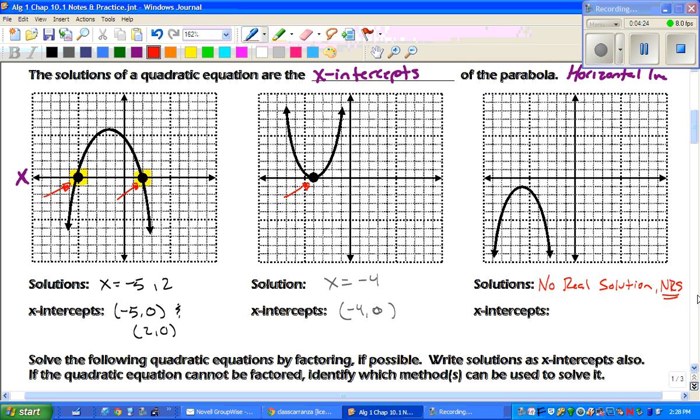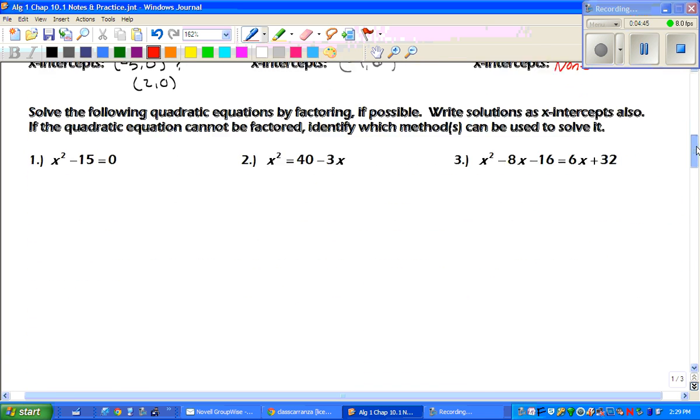You can write NRS if you want to. It has no x-intercepts. The reason why it's no real solution is that it does actually have a solution, but we will not be talking about imaginary numbers in this class. You'll learn that in advanced algebra. So it's something to look forward to.